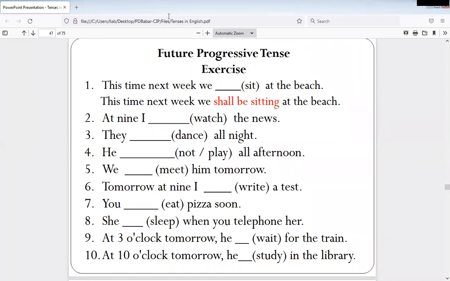Okay, tell me what will be the verb. Yes, answer to this question. What will be the verb?